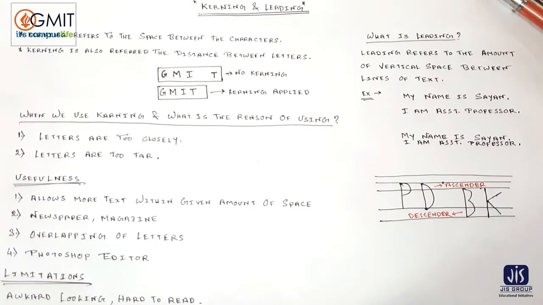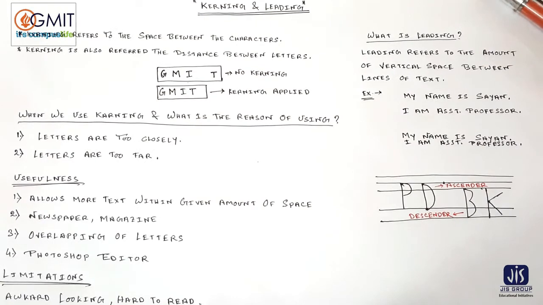So kerning is used mainly in two ways. Whenever the letters or characters are too closely together, so that we can't read the word, then we use kerning.